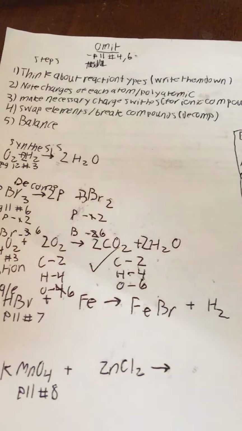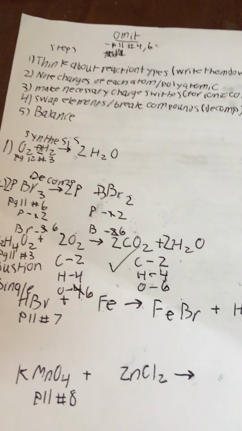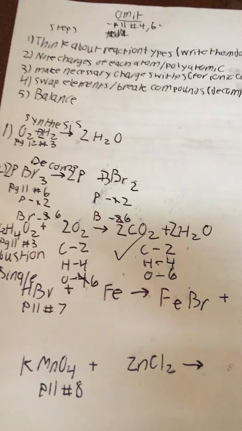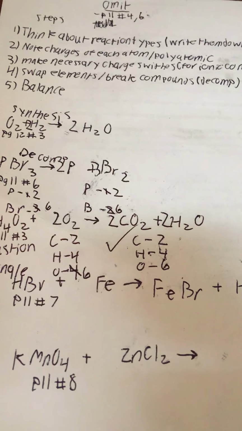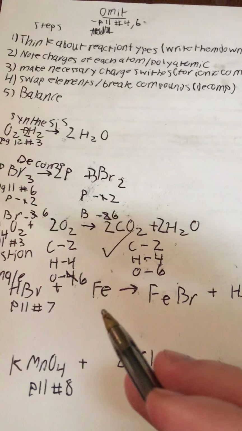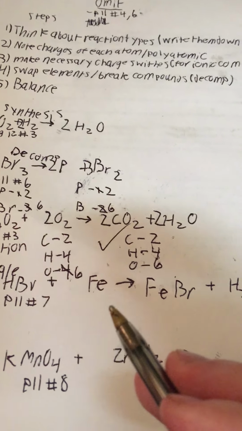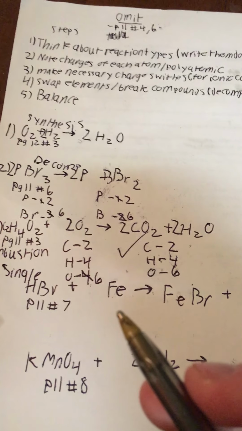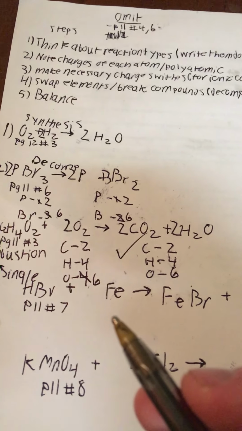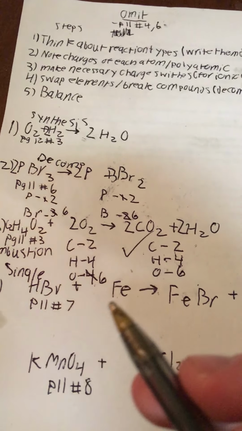Right, so now, also, this is another reason I wanted to do this problem. This problem actually does not tell you what the charge is on the iron. And iron is a transition metal. That's just something that happened with the worksheet. So I'm going to go ahead and tell you, write this down on your sheet on page 11, problem number 7.